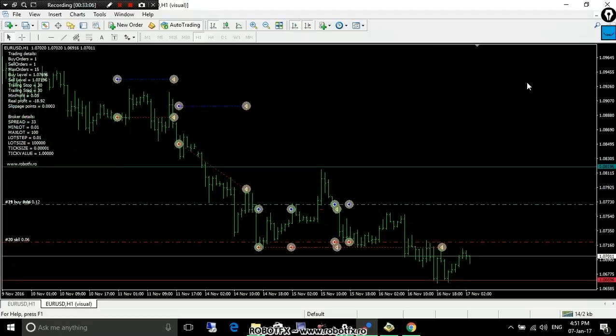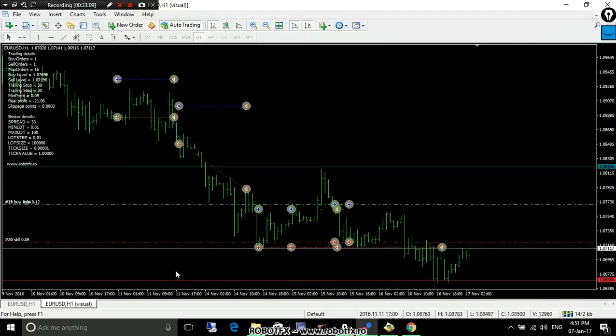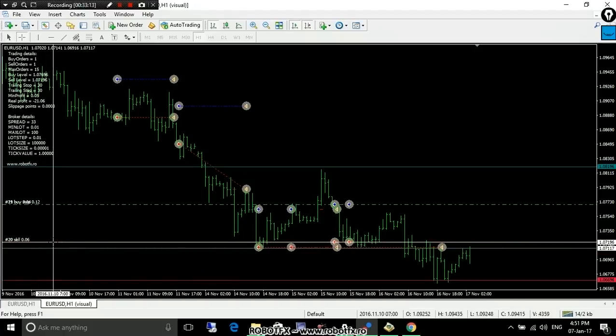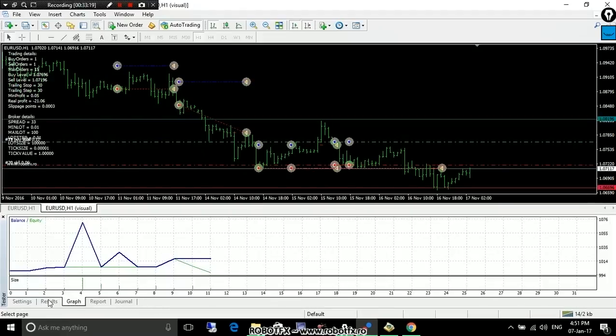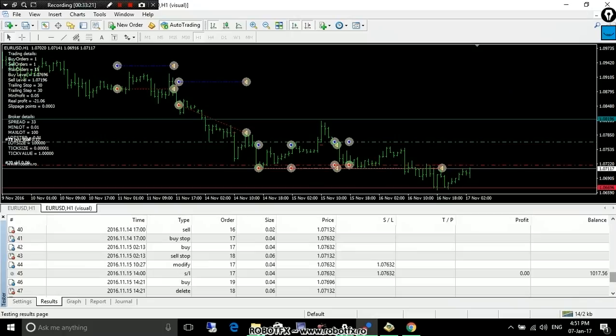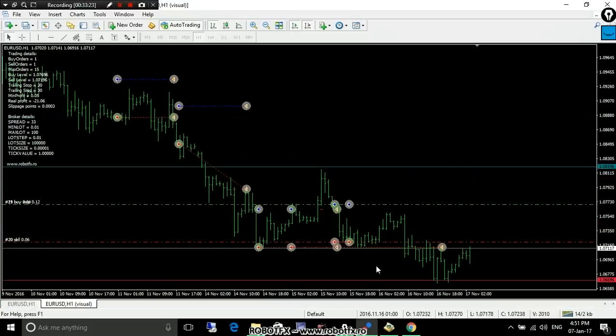What happened now is the price closed only one trade, only one sell. We have a sell of 0.06 and a buy of 0.04, if I'm not mistaken. Actually, I can't see it. The last buy, no, buy stop.